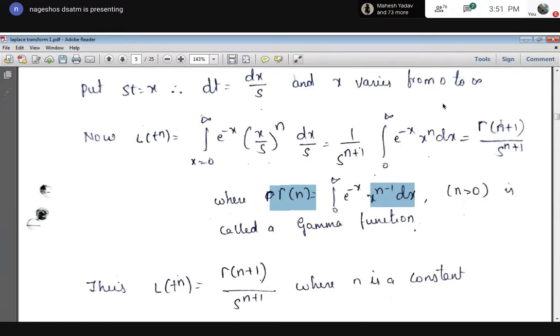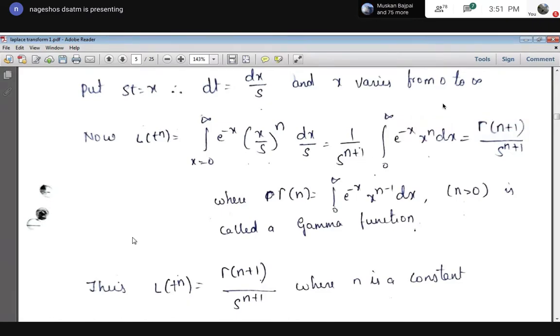If you compare this and this, 0 to infinity is there, e power minus x is there, x power n minus 1 is there, but here it is x power n. So the power of x is 1 more than this power, so here also you need to add 1. This whole thing will become gamma of n plus 1 over s power n plus 1.